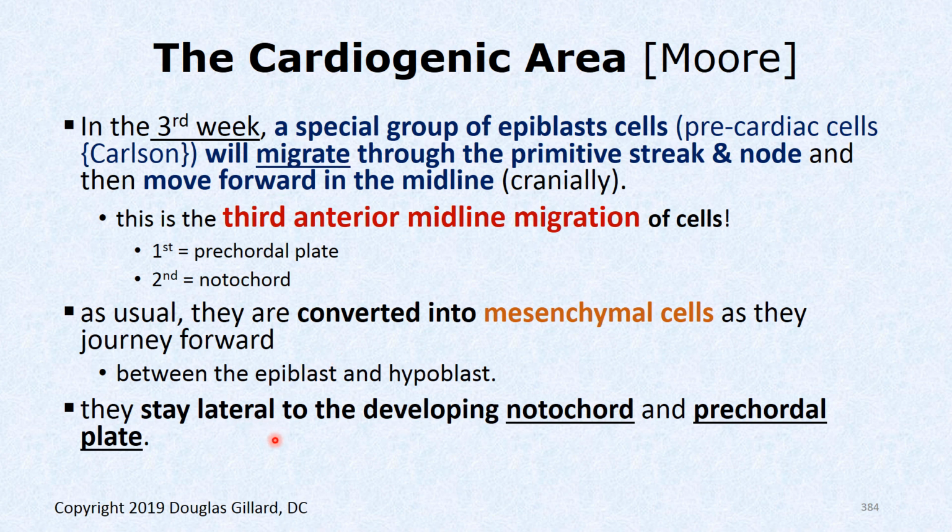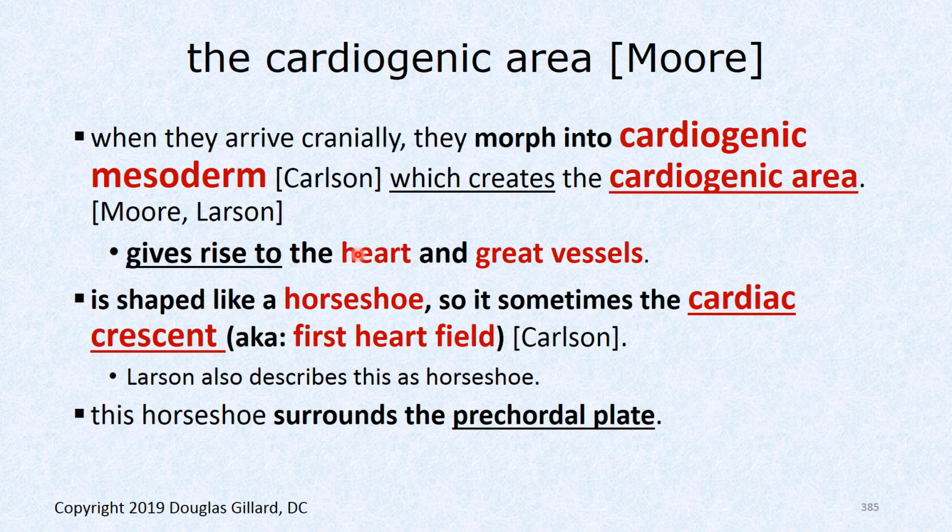They stay lateral to the nodal cord, though. They can't push right through the nodal cord. And they go around the precordial plate. When they arrive cranially, they finally stop on the cranial side of the precordial plate, and they start to conglomerate or group together, and this group of cells is called the cardiogenic mesoderm. Why?